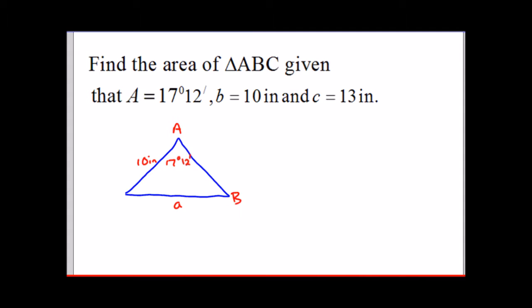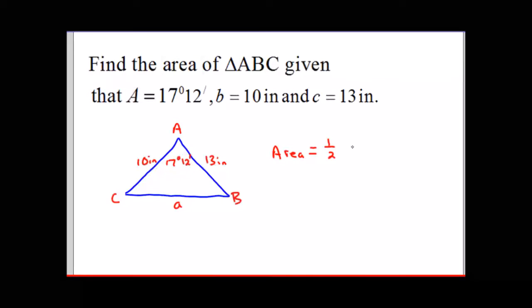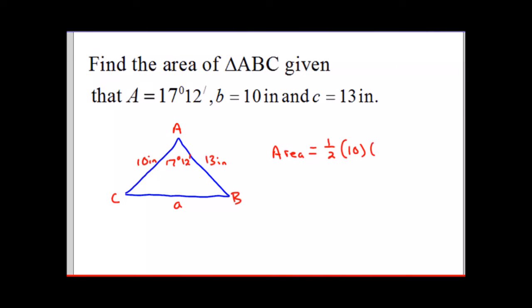So that means this is angle B. Side C is 13 inches. So this is angle C. Oh, look at that. I've got two sides and the angle in between. So the area of this triangle should be 1/2 times 10 times 13 times the sine of 17 degrees 12 minutes. Okay, piece of cake.